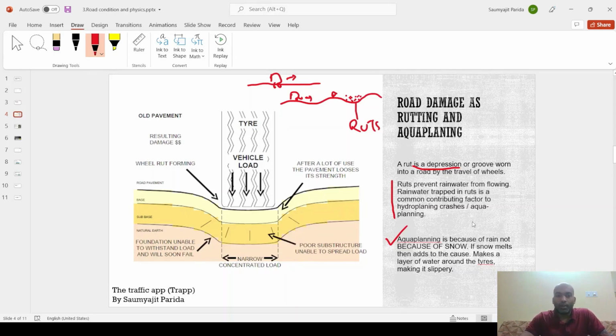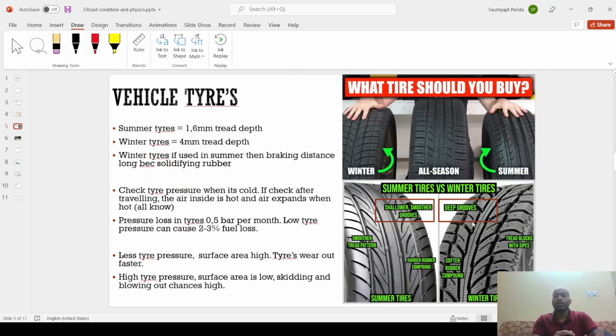Going further, different types of tires. I think most people already know about this. There are summer tires, winter tires, and all-season tires. Summer tires have less tread depth, and what do I mean by tread depth? If you see this photograph, the grooves are very few, and this is an example of a winter tire, where the grooves are deeper.